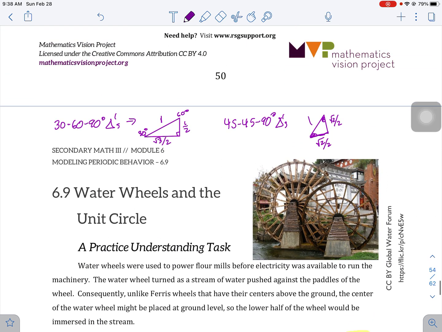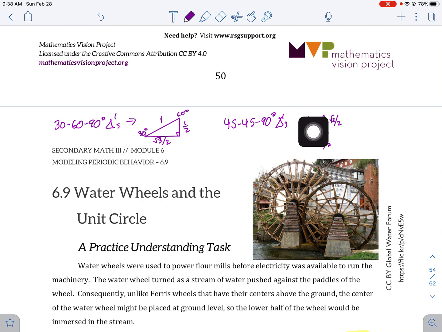Before we do that, let me go back and review. We've talked before about 30, 60, 90 triangles. They have a ratio of 1 to a half. That's the side opposite the 30 degrees. And that side times the square root of 3, square root of 3 over 2, opposite the 60. We also talked about isosceles right triangles that have 45, 45, 90 degree angles.